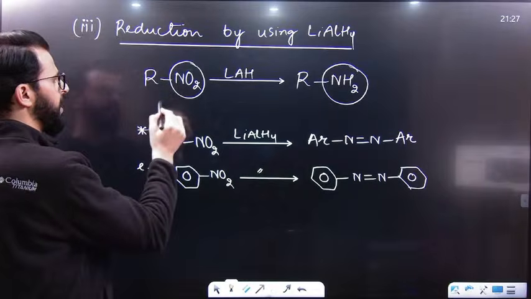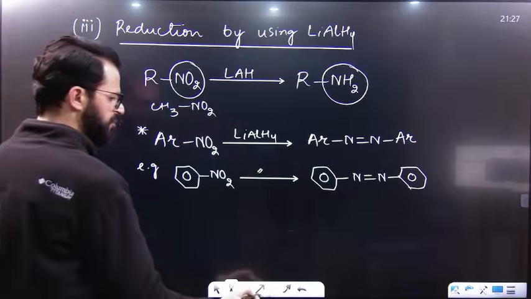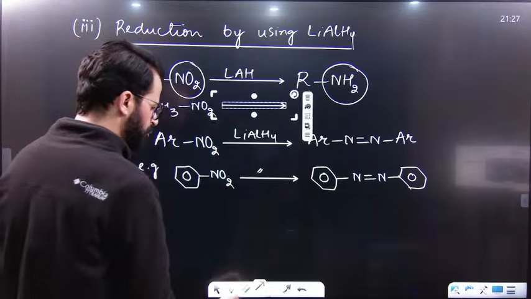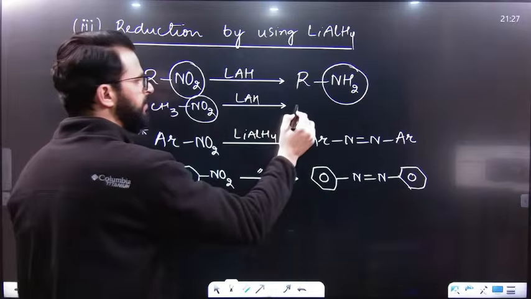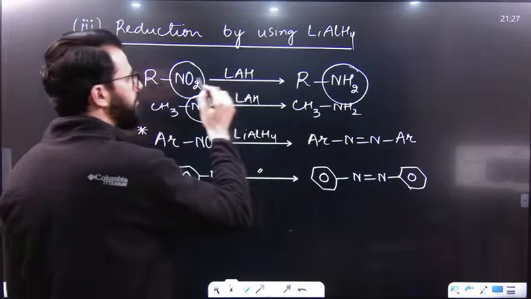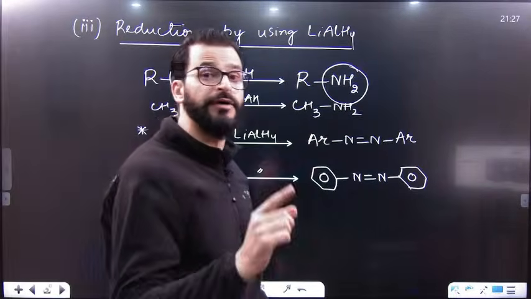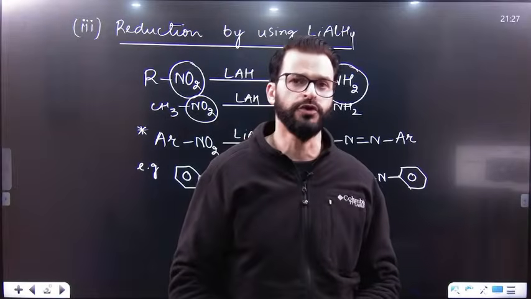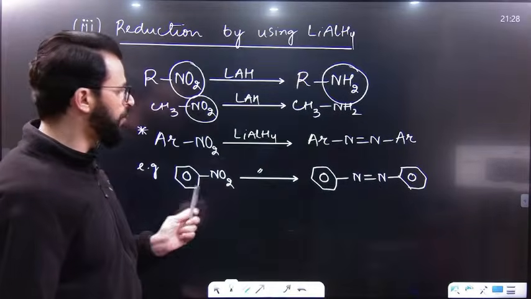But if you are having an aliphatic nitro compound, say for example this, then it's very, very simple at that time. You have to simply replace the NO2 group by the NH2 group. So this is the reaction of aliphatic nitro compound, and this is the reaction of aromatic nitro compound. That means aromatic nitro compound reacts with lithium aluminium hydride in a different manner.